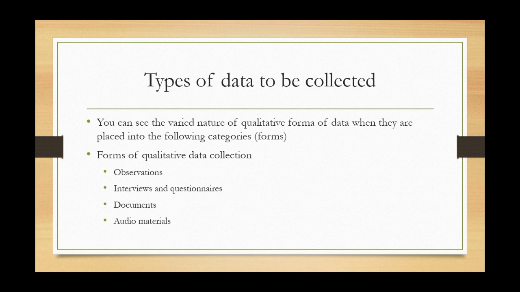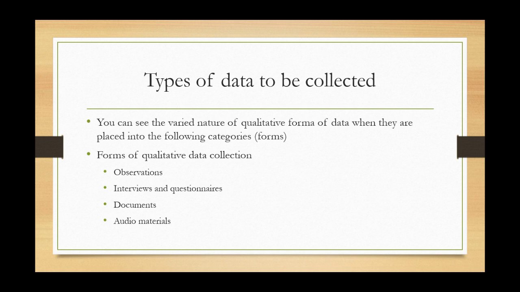The advantages include the opportunity to record information as it occurs at the site. So you get to know the actual behavior, and you can study individuals who have difficulty verbalizing their ideas. Some people cannot speak their ideas, but you can get whatever they have through observation.